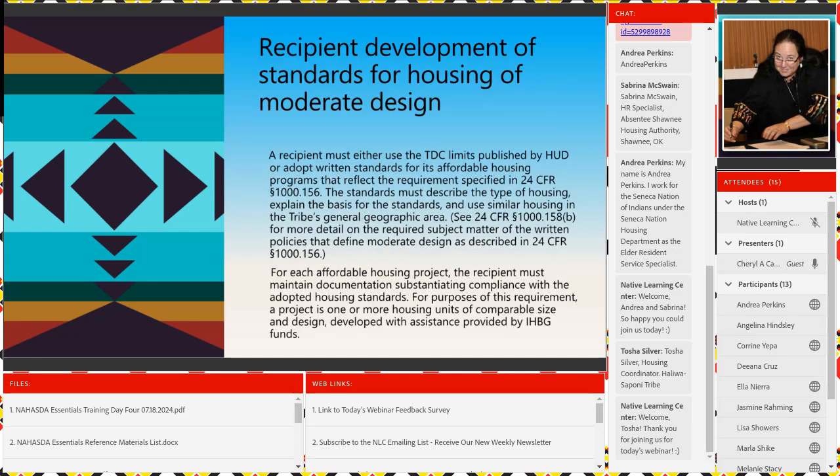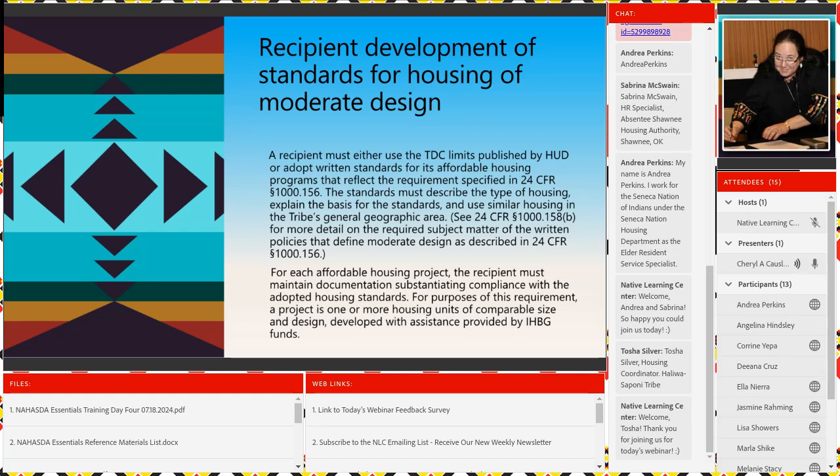Your recipient development of standards for housing of moderate design, you must either use the TDC published by HUD or adopt written standards for your affordable housing programs that reflect the requirements specified in 24 CFR 1156. The standards have to describe the type of housing in your tribe's general geographic area.